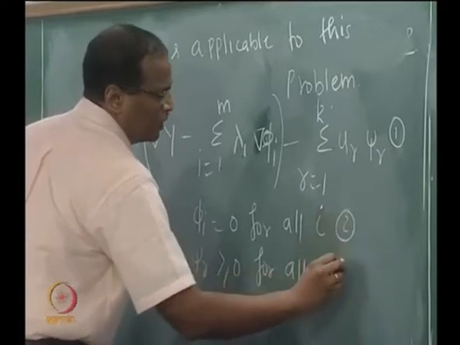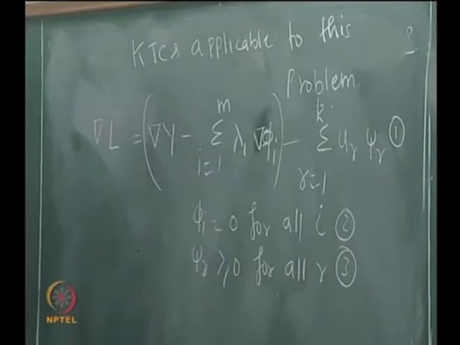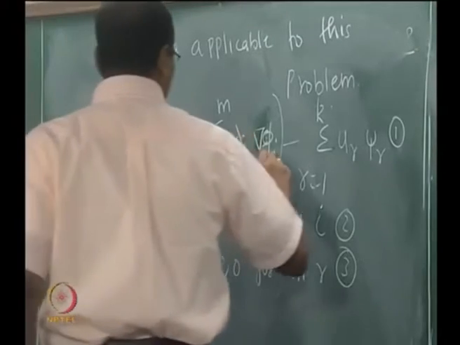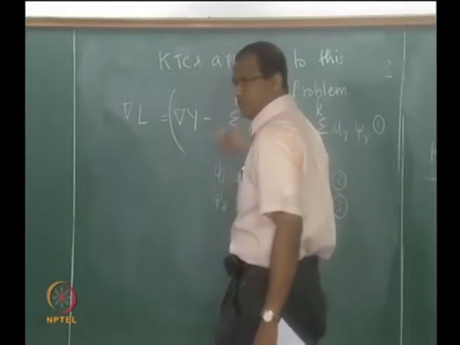So I will put it as 2, I will put it as 3. Is that lambda i del phi i or lambda i? Yeah, lambda i.